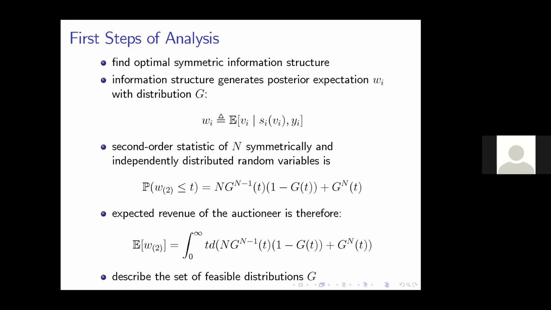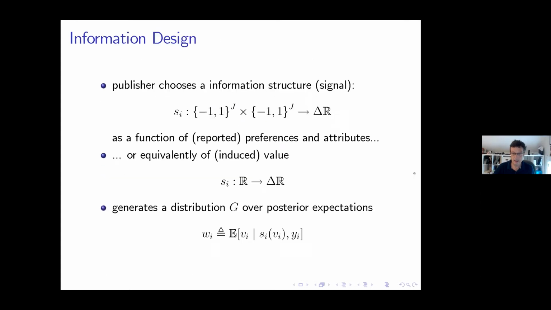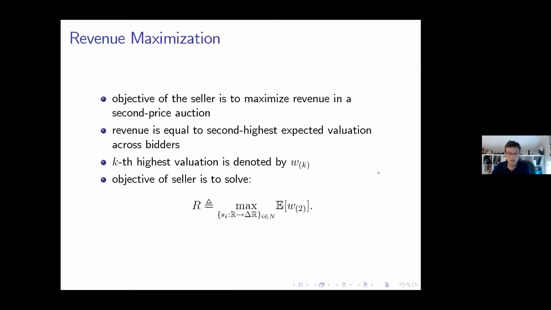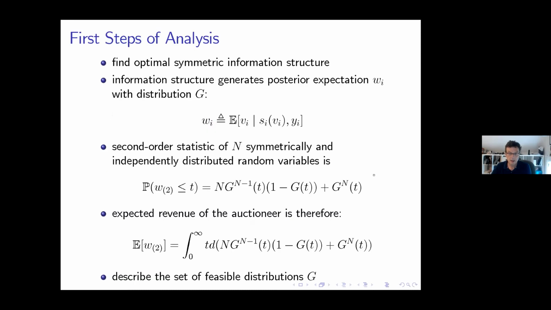So here we are. We have realized that what we need to do is to shape the distribution of the posterior expectation. In particular, we want to shape the second order statistic, that is the second line here, right?